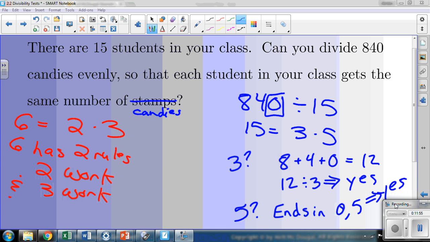Because both rules work. 3 works and 5 works. That's what guarantees us 15 works. 15 will divide into 840 perfectly with no remainder. We don't know what it will be if we get the division, but we know that it will not have a remainder.